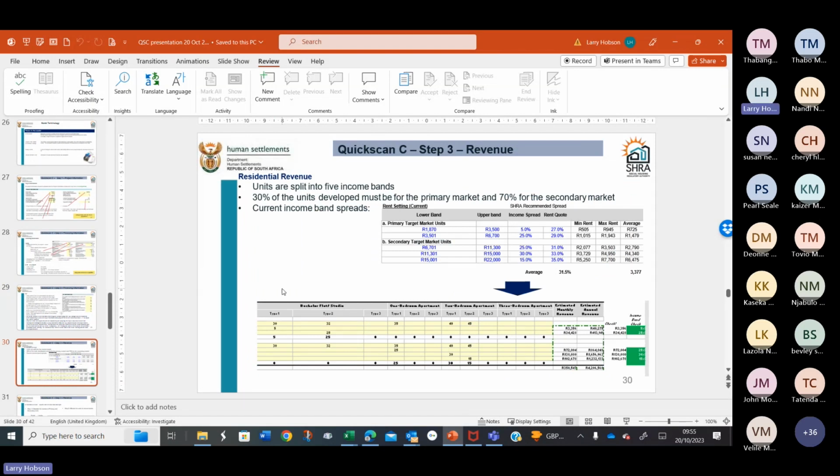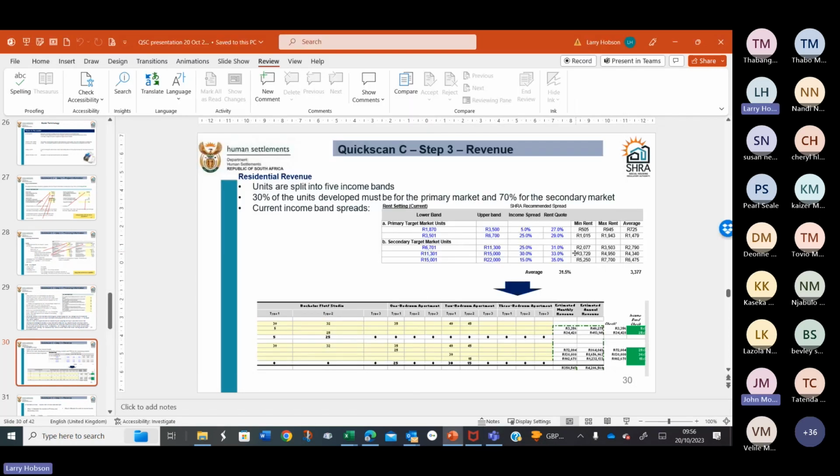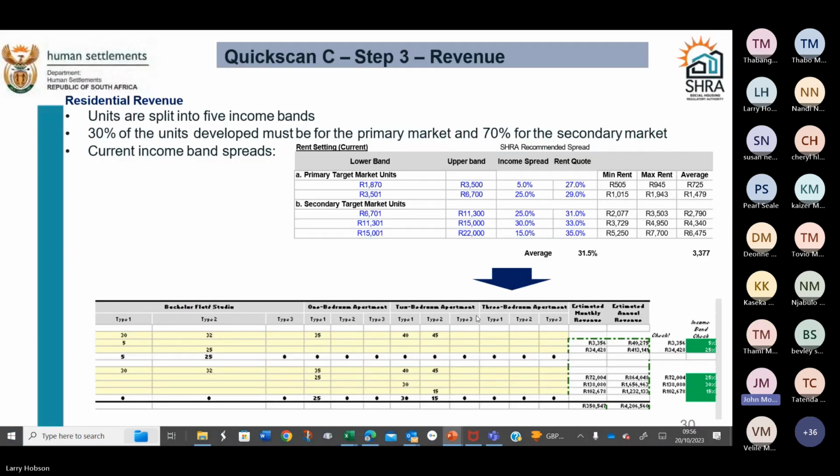Right. So perhaps we should just see if there are any questions right now. No, the last one was to expand the screen, so that's still there. Okay, ladies and gents, at this point, let's see if, on the ground covered so far, there are any questions or comments before we move on to the next section.